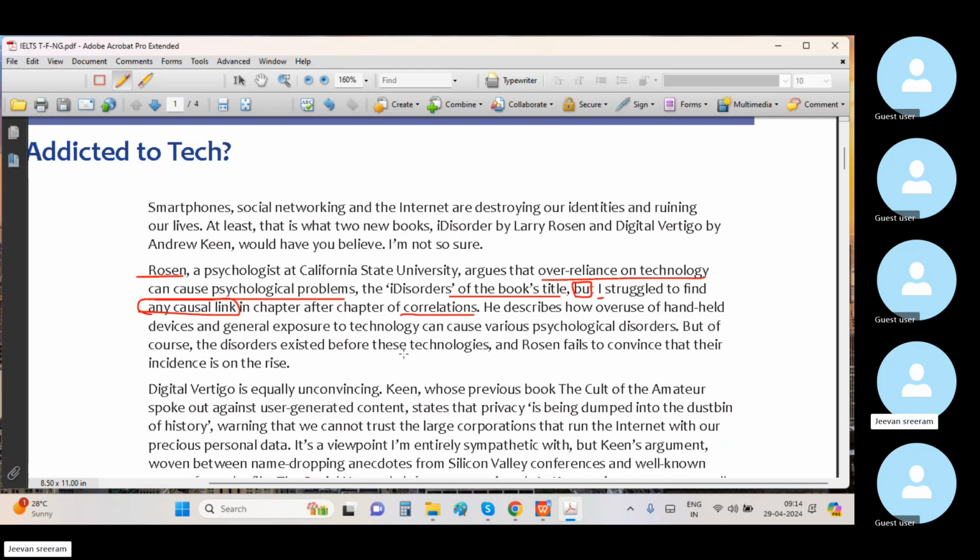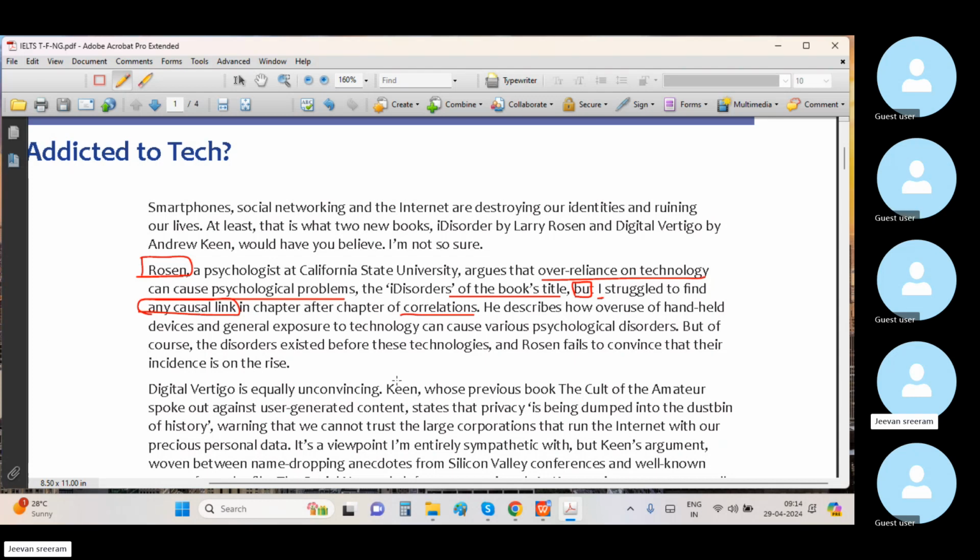Has the author agreed with Rosen? Buddies, no. The author has not confirmed what Rosen said, correct, right? The author hasn't said yes. Rosen actually tries to convince, but the author couldn't find any causal link, as Rosen said.